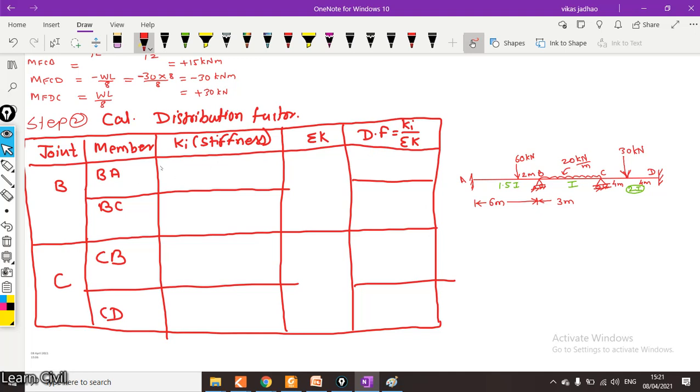Now for member BA, the stiffness is given by 4EI upon L, because the far end is a fixed support.